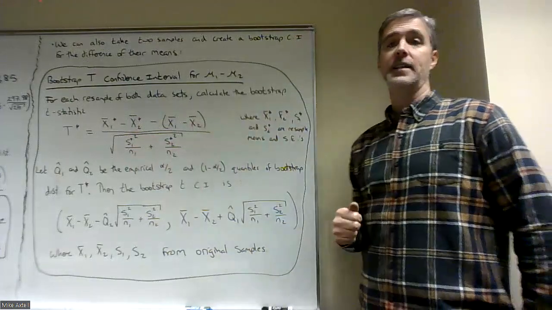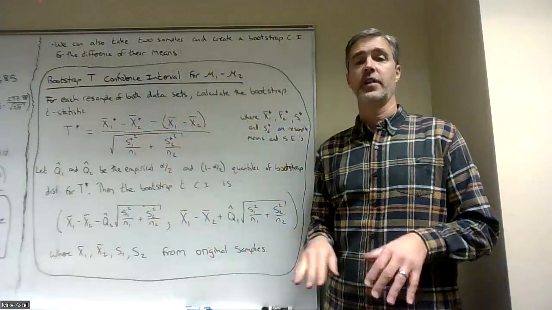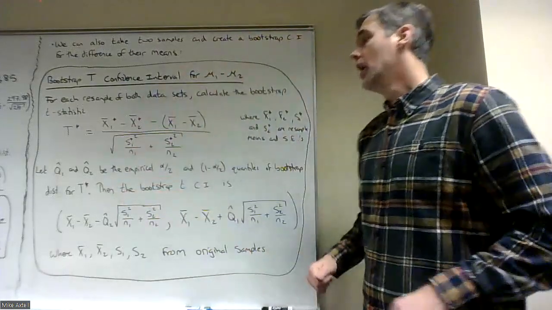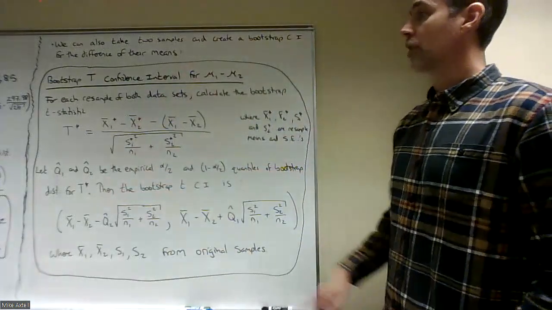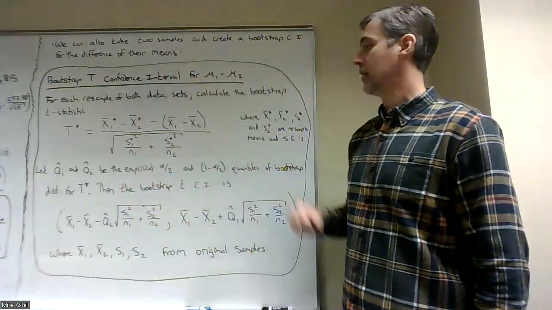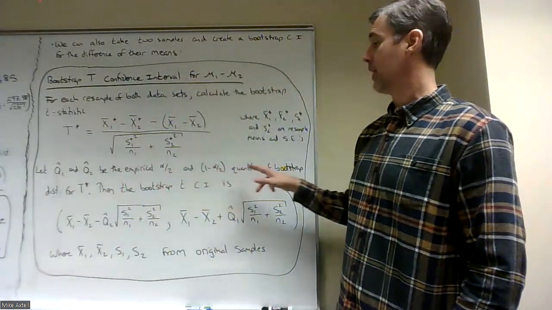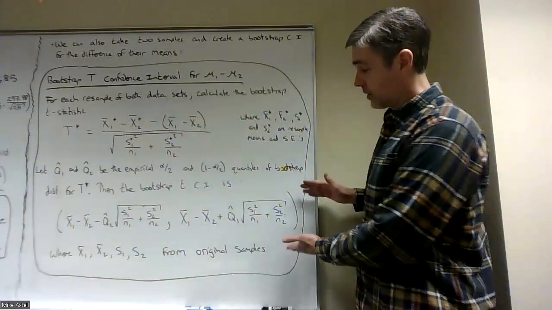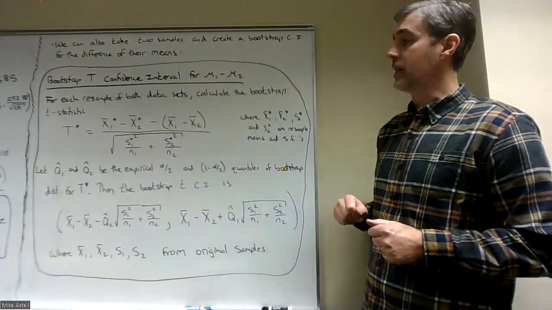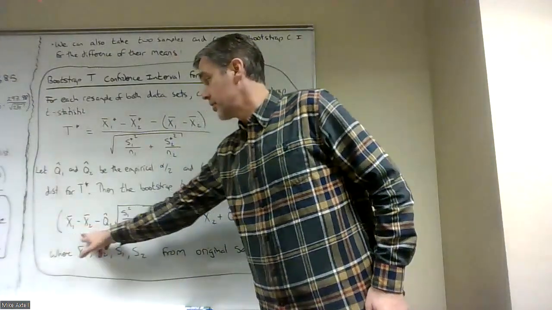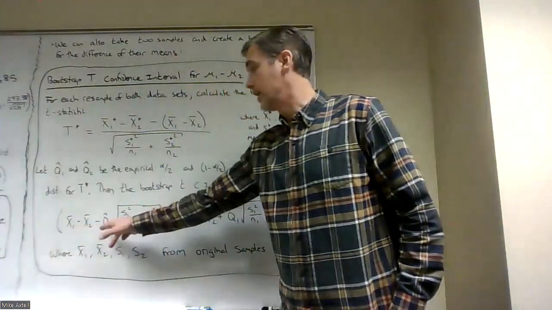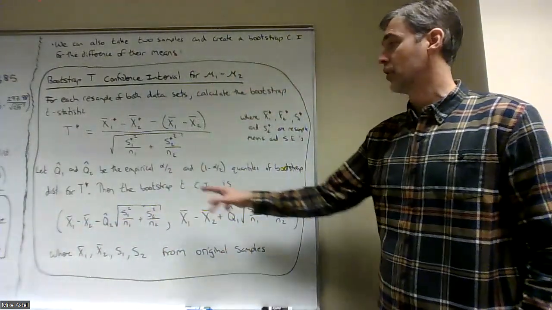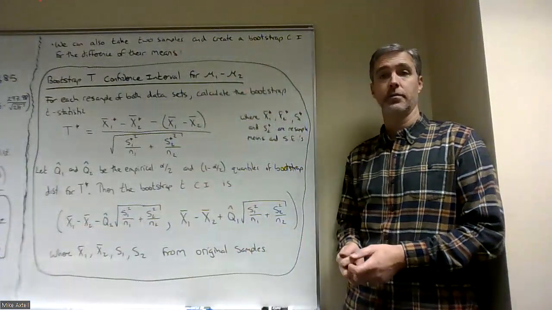So we calculate that T statistic 10^4 or 10^5 times and generate a distribution for it. It might not be symmetric. And then we grab the alpha over 2 and 1 minus alpha over 2 quantiles, so like the 2.5% and the 97.5% quantiles of that empirical distribution, and we get this lovely formula for the bootstrap T confidence interval: the difference of the original sample means, minus the second quantile plus the first quantile times that square root, where the S1 and S2 are from the original samples, okay?